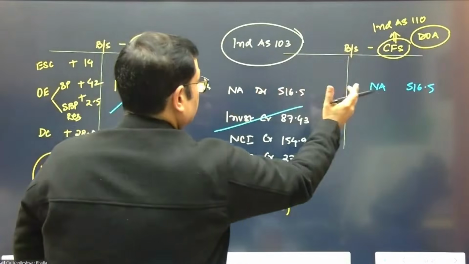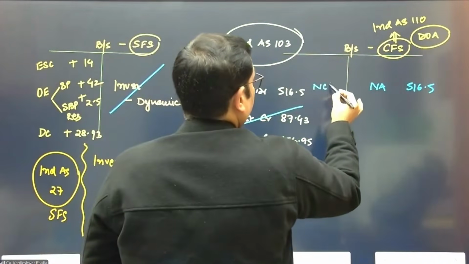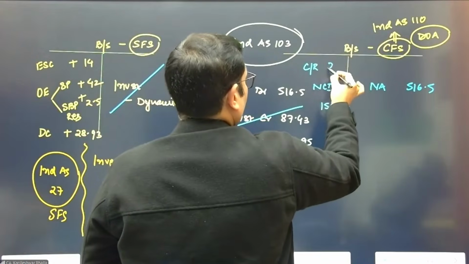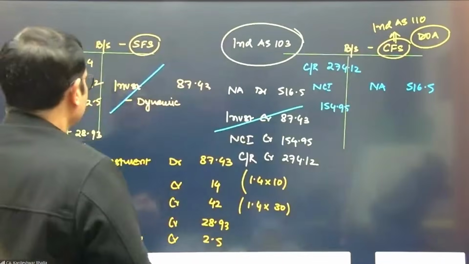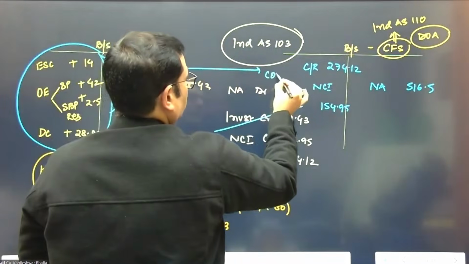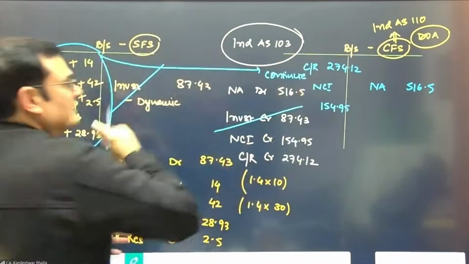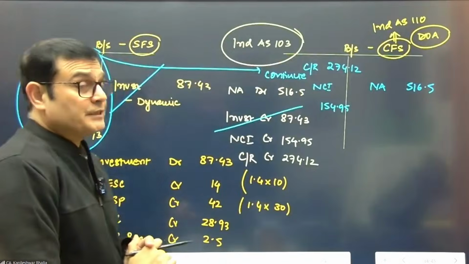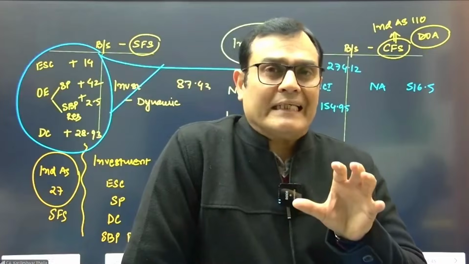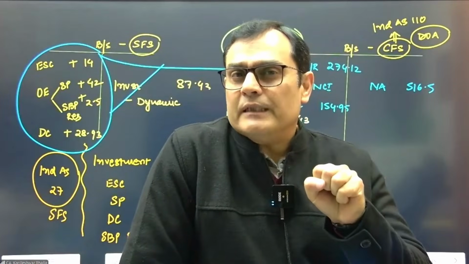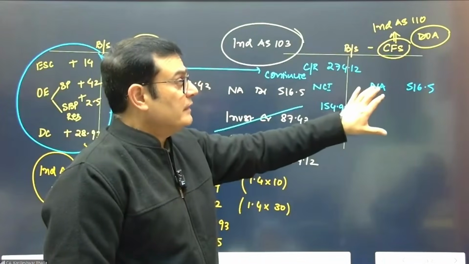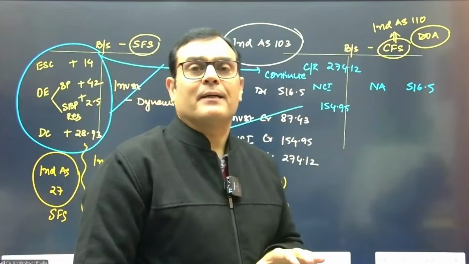The NCI gets incorporated, 154.95. The capital reserve gets incorporated, 274.12. And of course, all this information would of course continue in the balance sheet itself. You will see later when we come to Index 110, you will see consolidation is nothing but removal of the investments and the insertion of the net assets, the NCI, and the capital reserve.